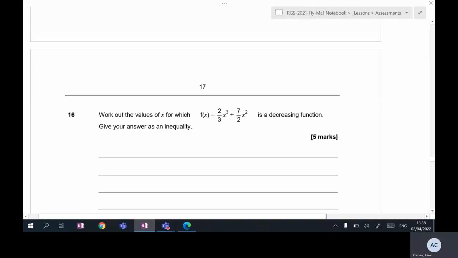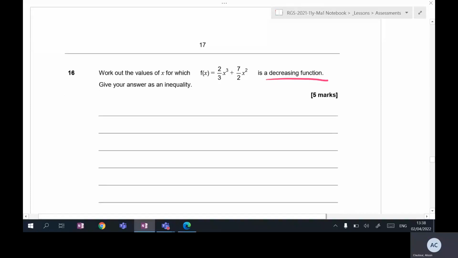So in this question, you probably want to highlight the word decreasing function. So decreasing function is a function where the gradient is always negative, or a portion of the graph where the gradient is always negative. So therefore, if I'm thinking about gradient, I know I have to differentiate. So multiply by the power, so 2/3 times 3 is 2.